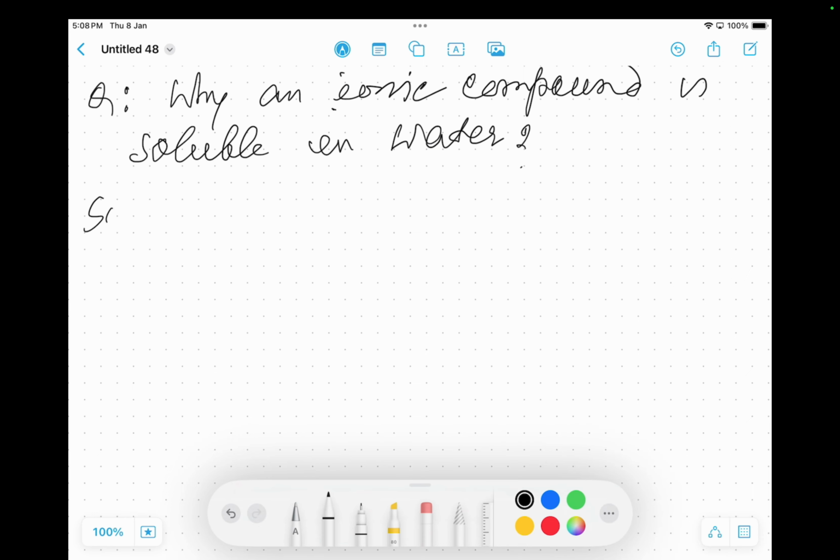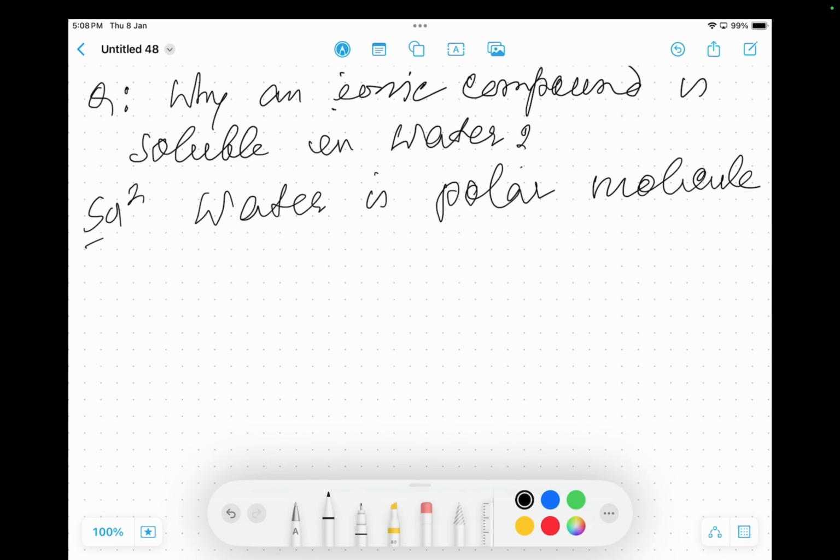The answer is, water is a polar molecule. That means the structure may be given like this.